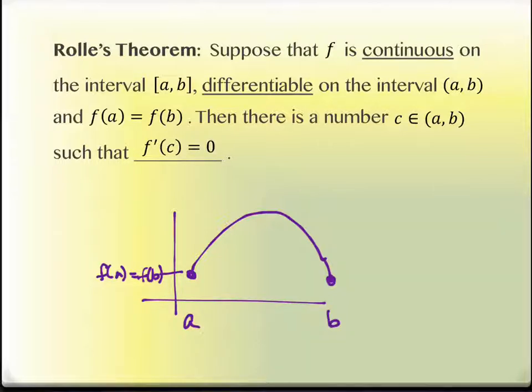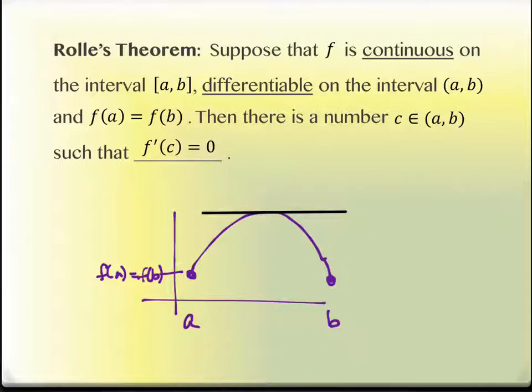Then, if that happens, there will be a location somewhere in between A and B where we have a derivative of 0. And we've talked about the fact that derivatives of 0 look like flattening out spots. So this is a horizontal tangent line, right? A horizontal tangent line has a slope of 0.